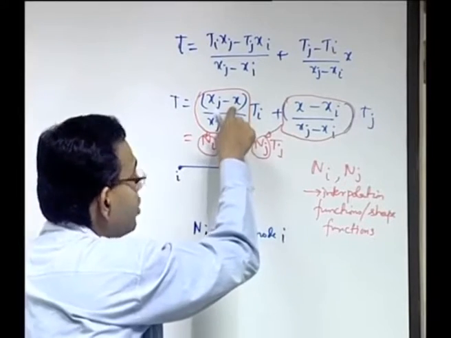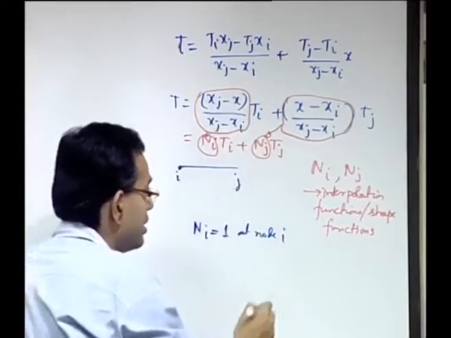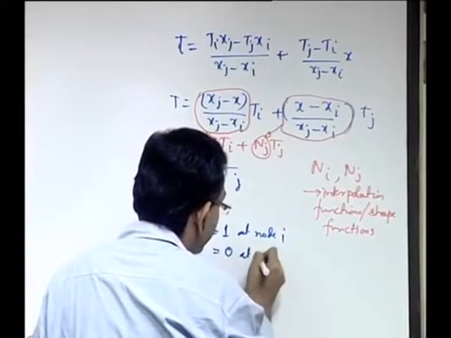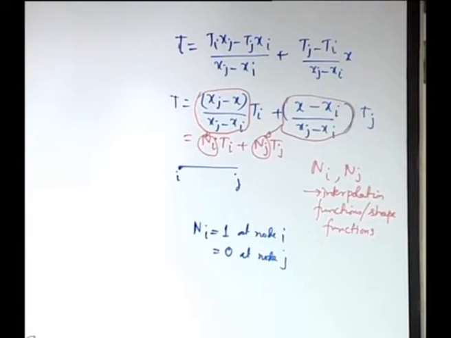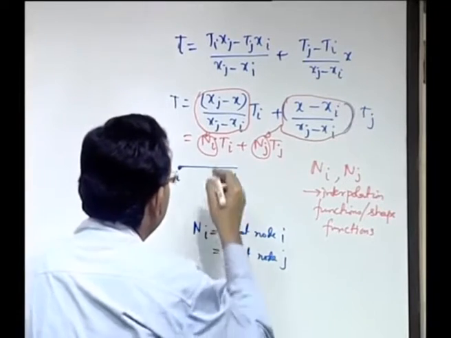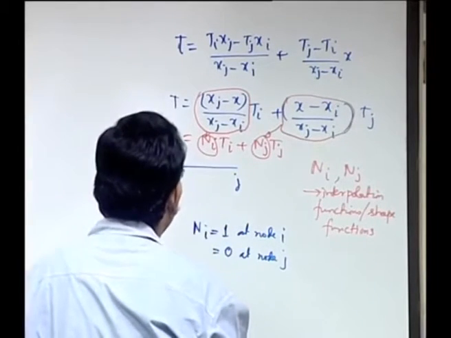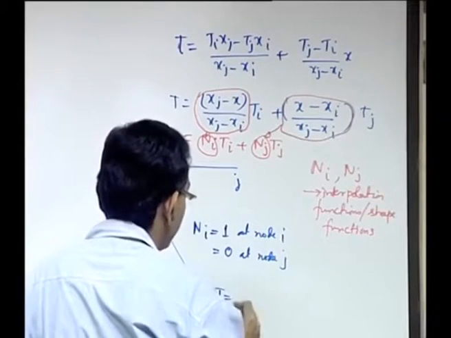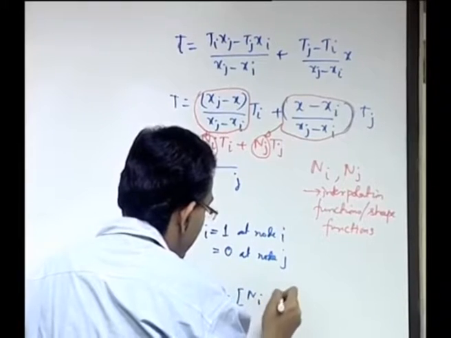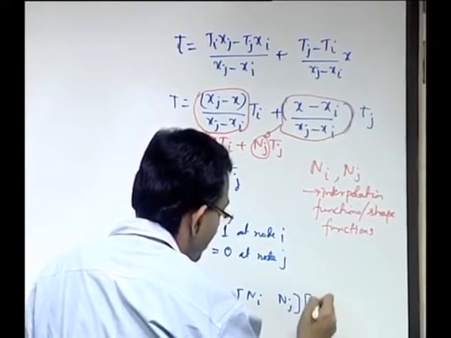It is 0 at node j because it will become xj minus xj, 0 at node j. So, in general Ni equal to 1 at the node i and 0 at other nodes, that is the property of a shape function. Now, this is a trial function. So, you can write this particular expression T equal to Ni Ti plus Nj Tj in a matrix form. How? You can write this as Ni Nj times Ti Tj.